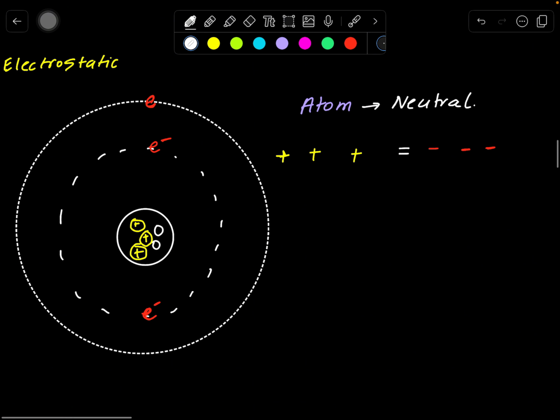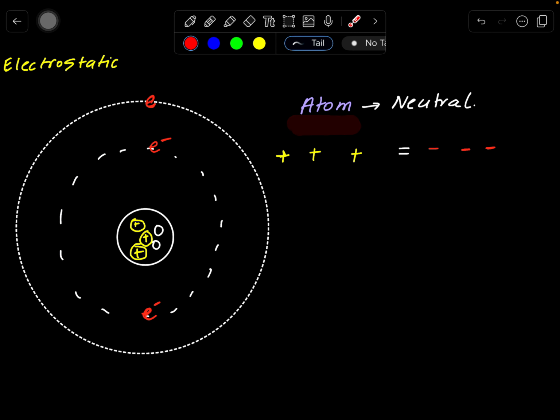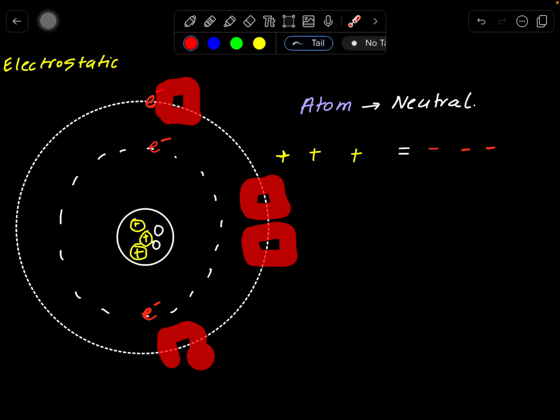Other than the noble gases, we have helium, which is stable, which has 2 electrons in its last shell. Now, this atom also wants to attain that stability. The only way that it can attain that stability is to either lose this 1 electron or gain 7 more electrons to have 8 electrons in its last shell.